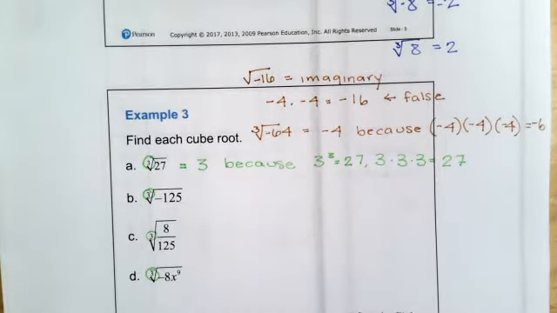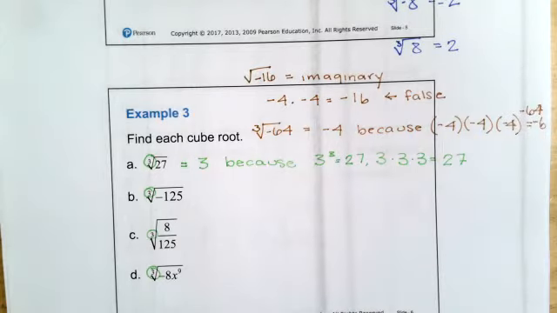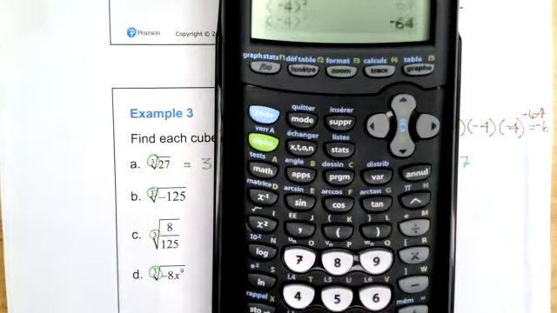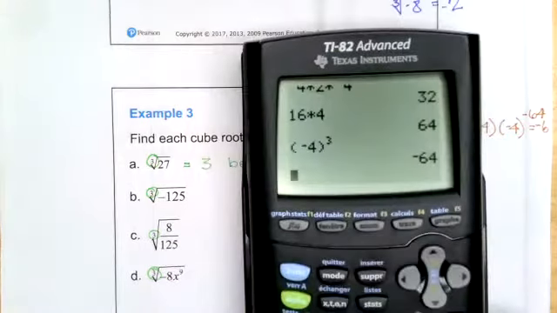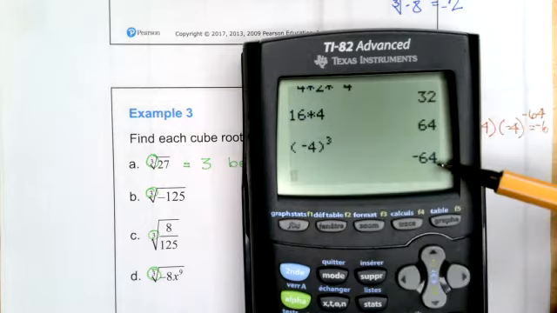I ran out of room for this one. -4 to the third power is -64. So if it's an odd number here, this can be odd and you'll get an odd answer.